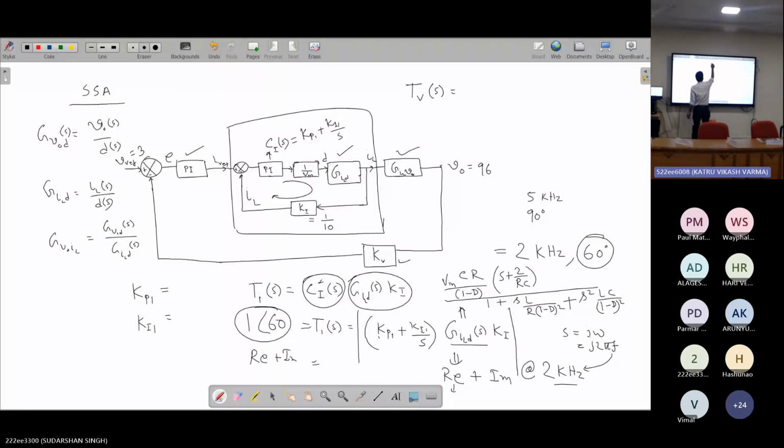You know the relationship of IL by IL ref, and it is nothing but your forward gain divided by one plus loop gain. This transfer function is G(S) by 1 plus G(S)H(S).